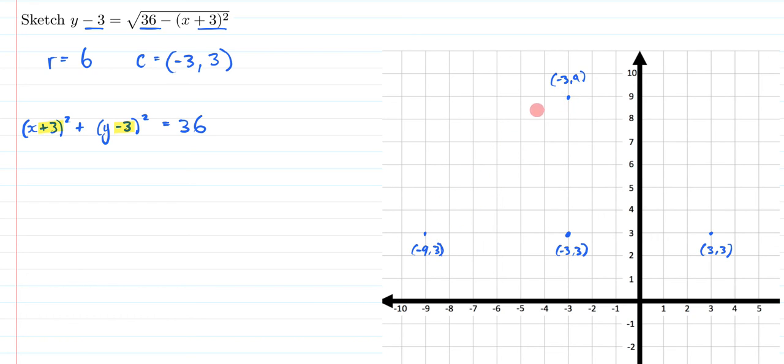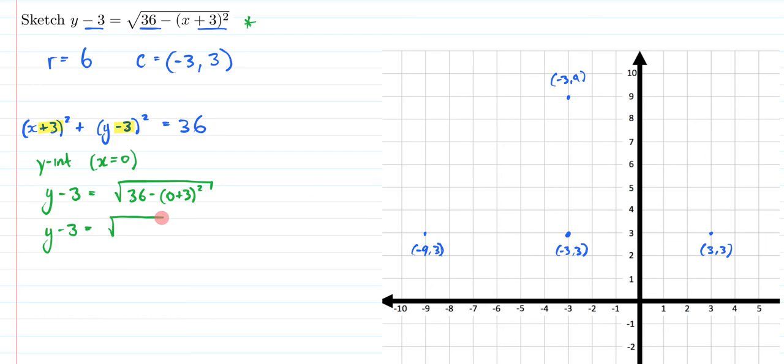I notice that I'm going to cross my y-intercepts. So I'm going to have to find what that is. So to find my y-intercept, I'm going to have to let x equal 0. I'm going to use this equation to do that. So I'm going to be left with y minus 3 equals the square root of 36 minus 0 plus 3 squared, which will be y minus 3 equals the square root of 36 minus 3 squared is 9.